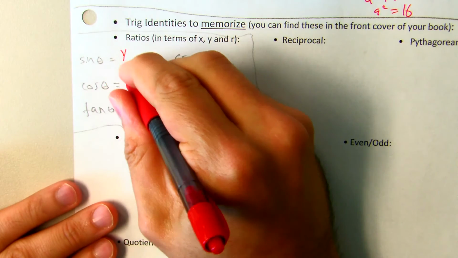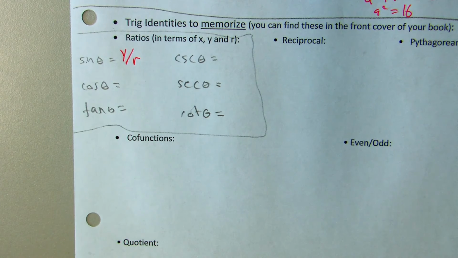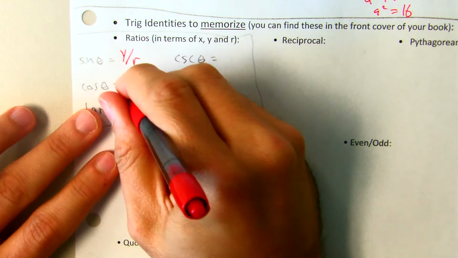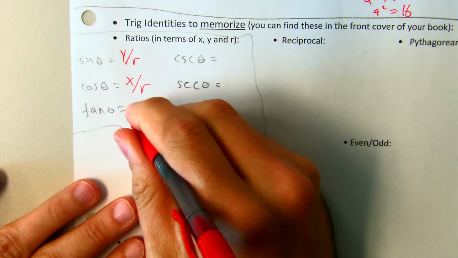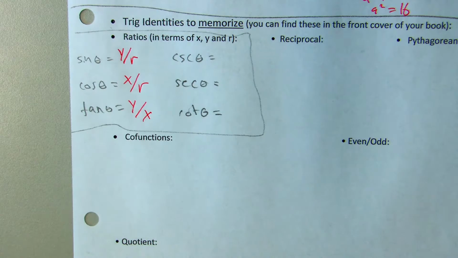Sine is y over r. That's why sine equals y when we're talking about the unit circle. Cosine is x over r, which is why the x values on the unit circle end up being cosine values, because r is one. Tangent is y over x.